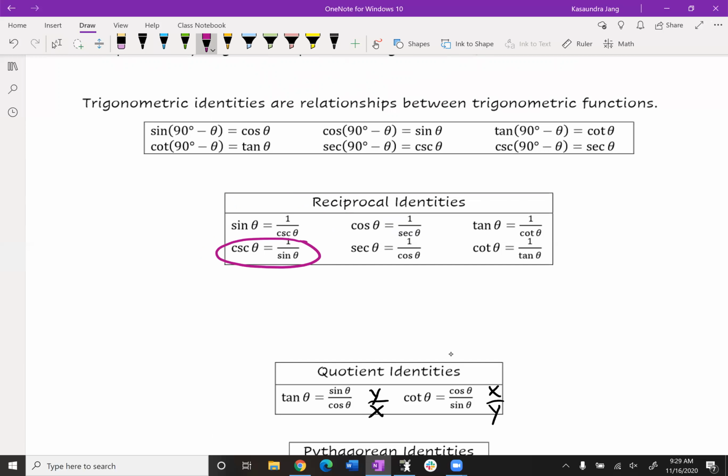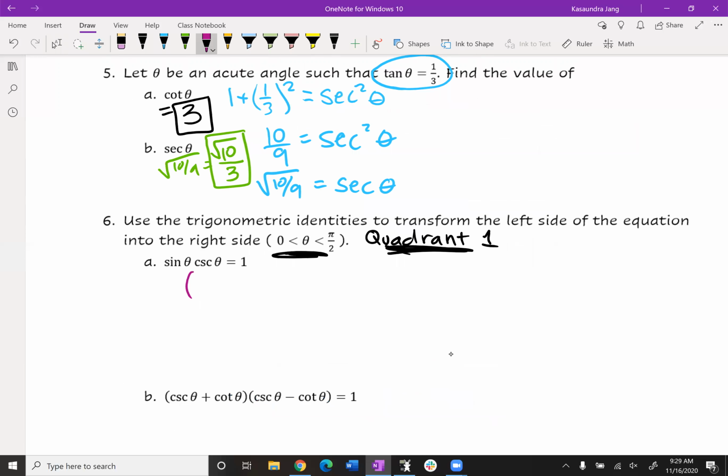So I'm going to replace this cosecant with 1 over sine of theta. I still have the plain sine theta here, which I think helps us out because the sines divide out and I just have 1 equals 1, which is true. So we have pretty much proven that that is a true identity there. So we transform the left side into the right side.